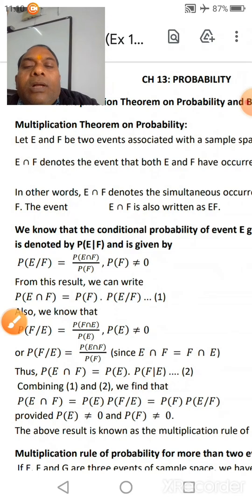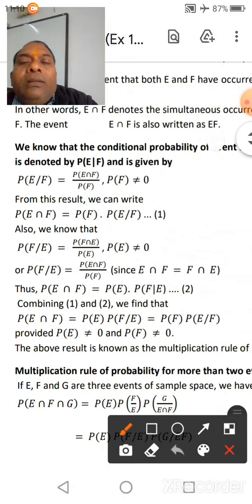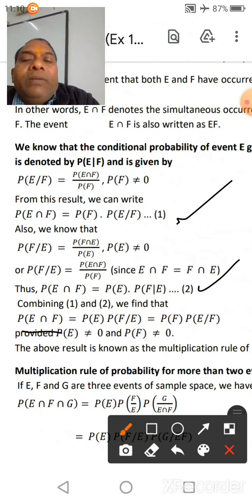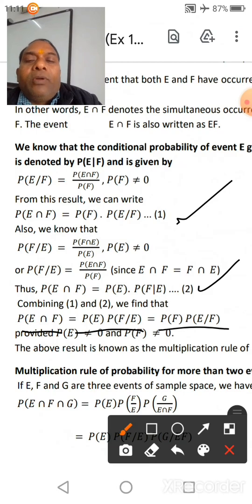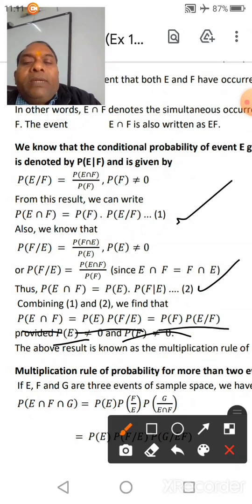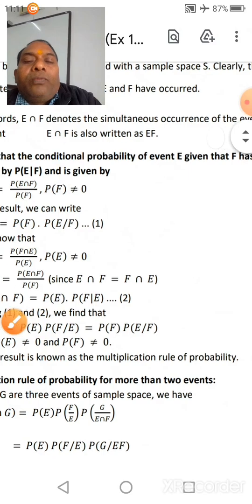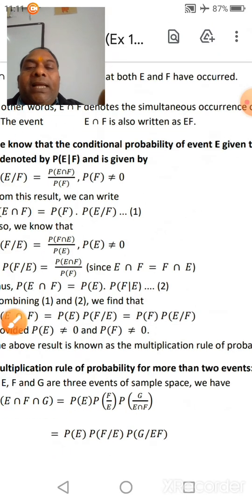Now, combining equation 1 and equation 2, P(E intersection F) will be equal to P(E) × P(F|E), which is equal to P(F) × P(E|F), provided P(E) is not equal to 0 and P(F) is not equal to 0. The above result is known as the multiplication rule of probability. Clear?